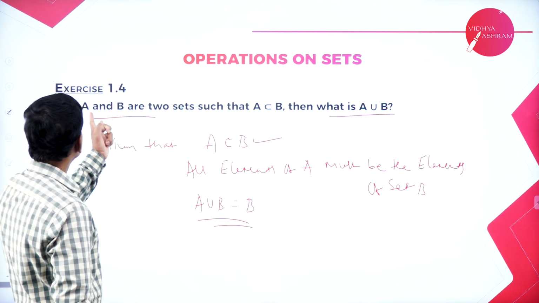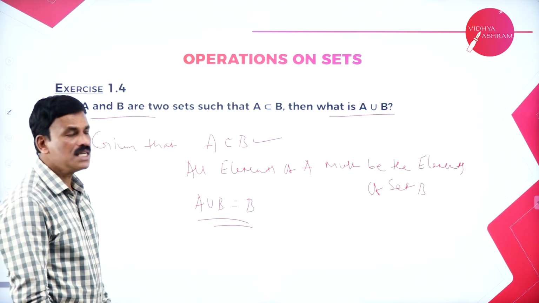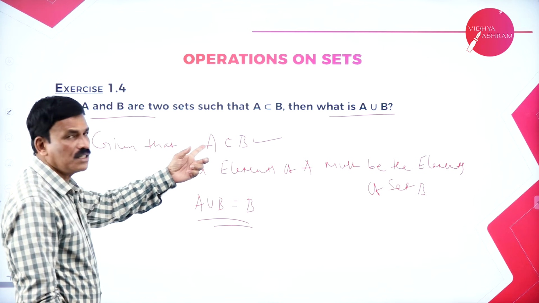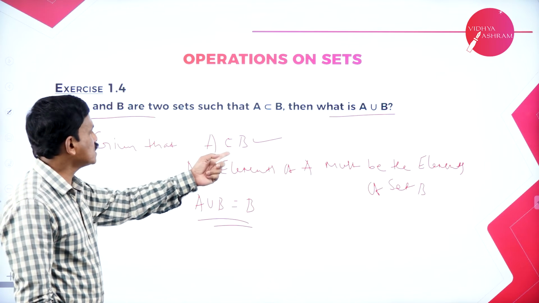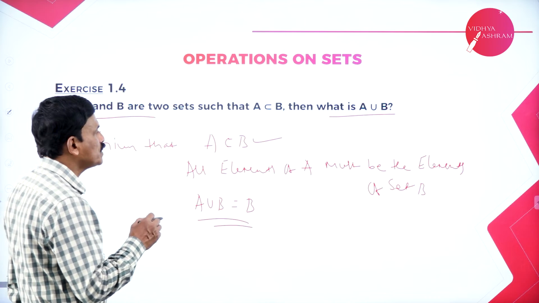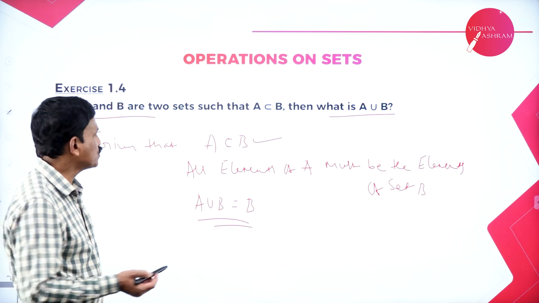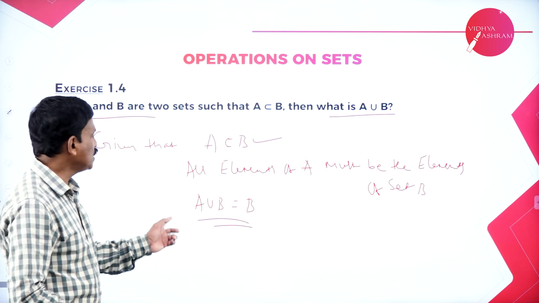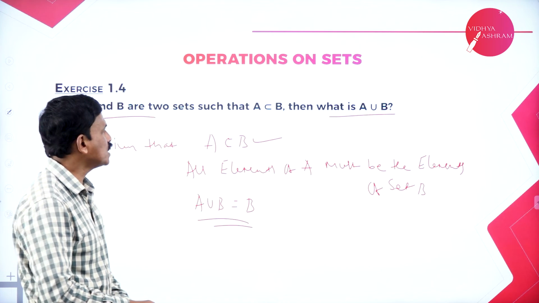So, see here, if A and B are any two sets such that A is a subset of B, then what is A union B? Since it is given that A is a subset of B, according to the definition of subset, all the elements of A must be the elements of set B. So, if A is a subset of B, then definitely the union of the two sets, A union B, is equal to the set B itself.